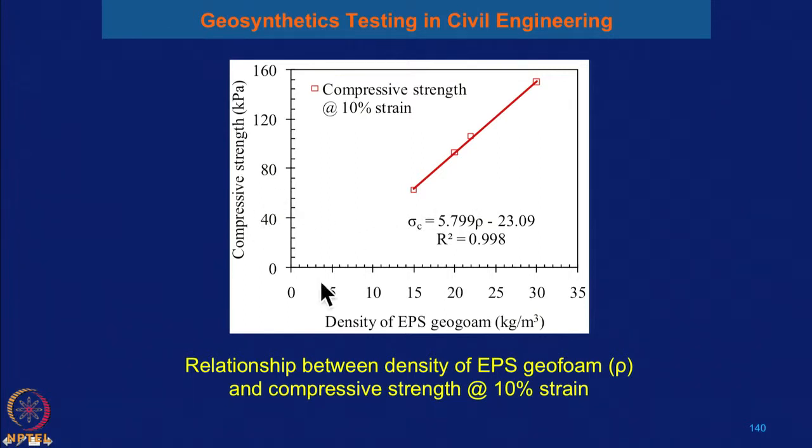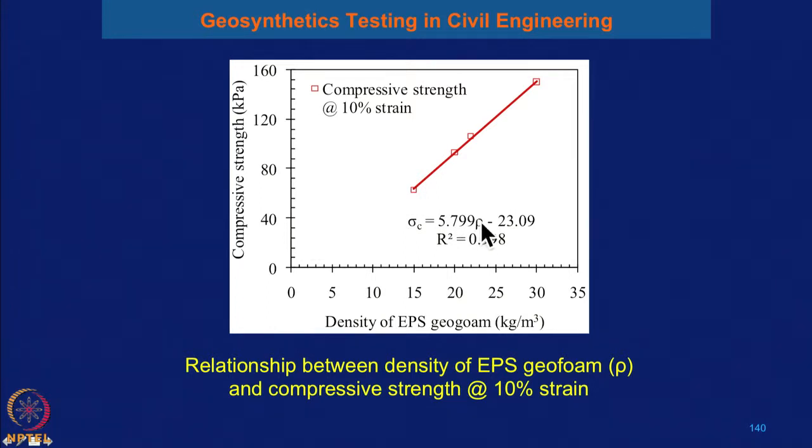So, this is the relationship between the density of EPS geofoam rho and the compressive strength of the EPS geofoam at 10% strain. You can see you can obtain a straight line like this under different densities. So, you can draw a correlation between the compressive strength of the geofoam sigma c with respect to the density.